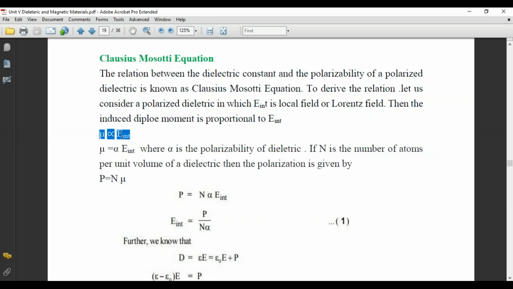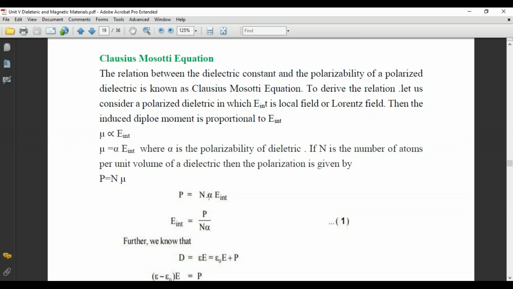Mu proportional to E internal. When the field is applied, the internal field develops, which causes a dipole moment. That is mu equal to alpha E internal, where alpha is the polarizability of the dielectric. If n is the number of atoms per unit volume of the dielectric, then polarization is given by P equal to n mu. So P equal to n alpha E internal.